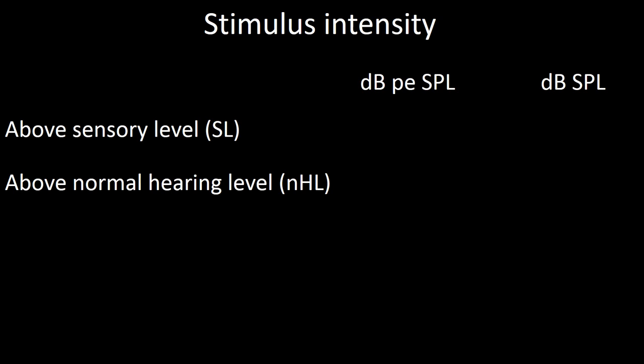And basically, when I refer to establishing normals in our own lab, I'm referring to the softest sound heard by a significant number of patients within an age range in order to determine an appropriate control. When we do so, we talk about normal hearing level, or NHL.